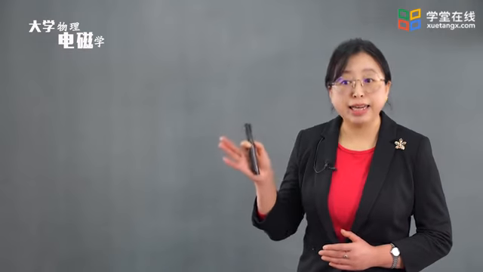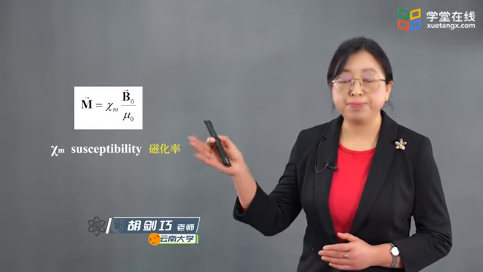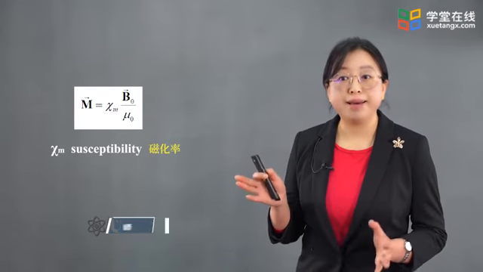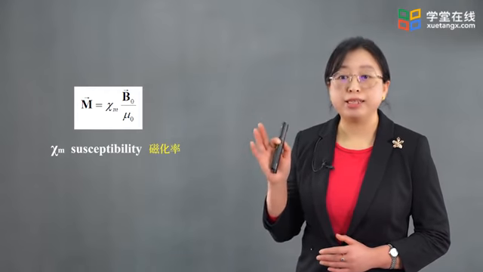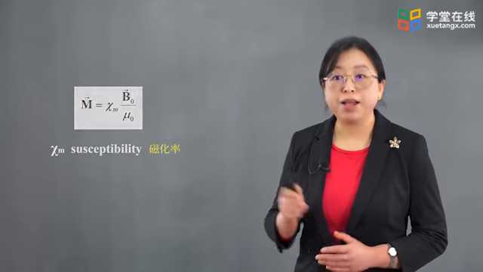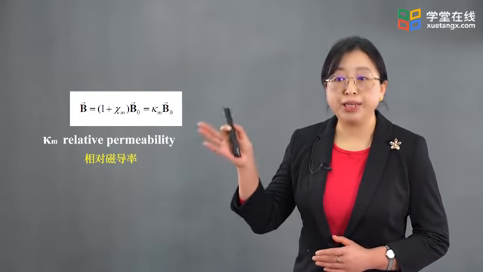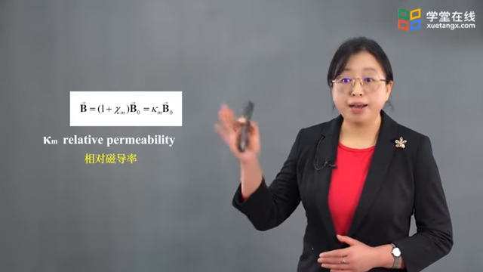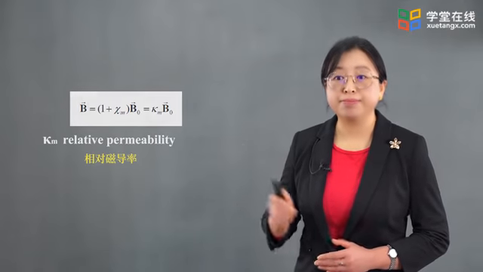It's found that the magnetization M is linearly proportional to the external field B0. The relation between M and B0 is expressed by this one, where chi M is called the magnetic susceptibility, which is a dimensionless quantity. The magnetic field B is rewritten as this one by substituting M. Here, kappa M is called the relative permeability of the material.